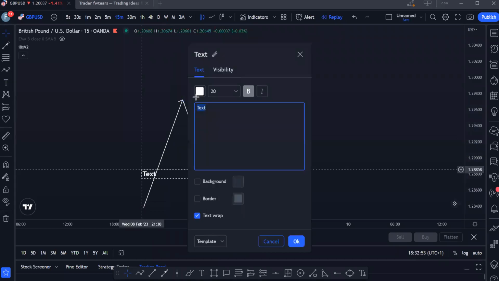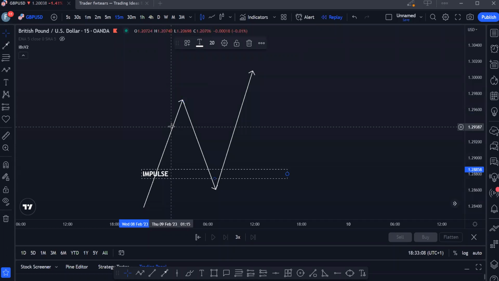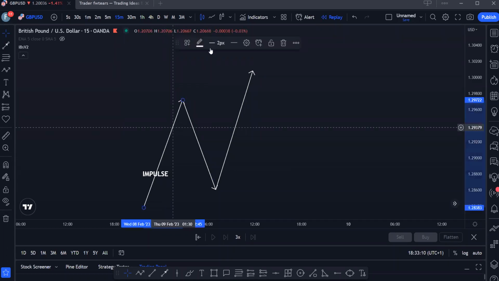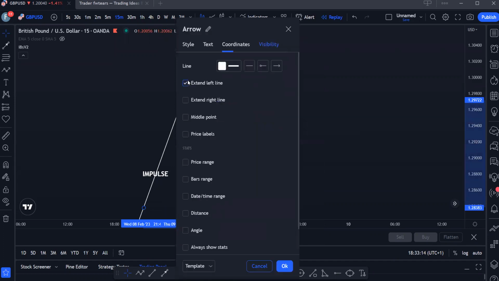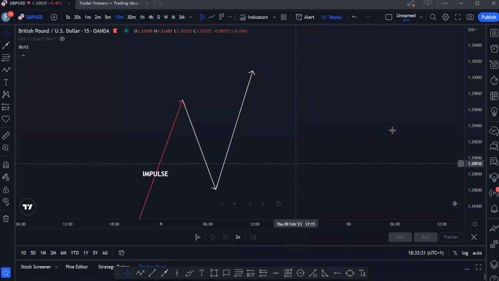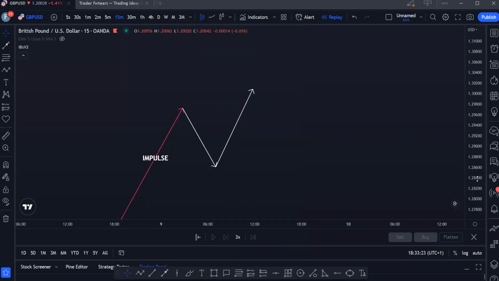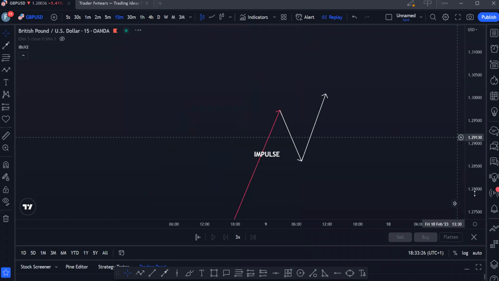Impulse. So I'm going to label this impulse, and then let's change the color to make it a bit distinct. Impulse. So in an uptrend, the first move up, like so, is called an impulse move.